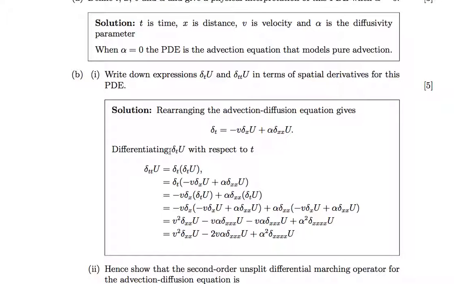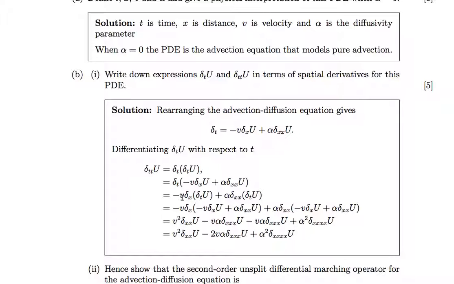For the second order, we simply differentiate this term with respect to t. The key thing here is it doesn't matter what order our derivatives are in. Here we've got delta t, here we've got delta x, and I can switch that order, and I've also expanded out the bracket.